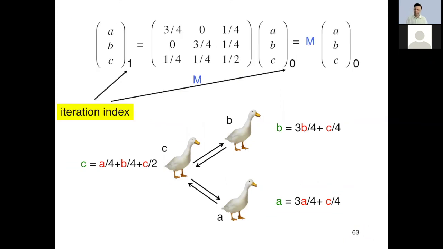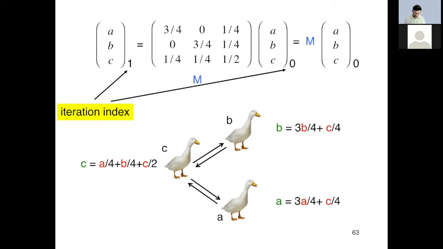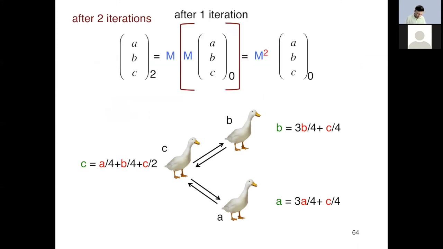Actually, I should go back here. The first iteration, because I'm calling this matrix M, I can write much more compactly like this, right? The new state after one iteration is equal to M times the initial state, the vector of initial states. So this is a very compact representation. Then we can ask what happens after two iterations. On the next slide: if this is your initial state vector, then multiplying it by M gives you the state after one iteration.